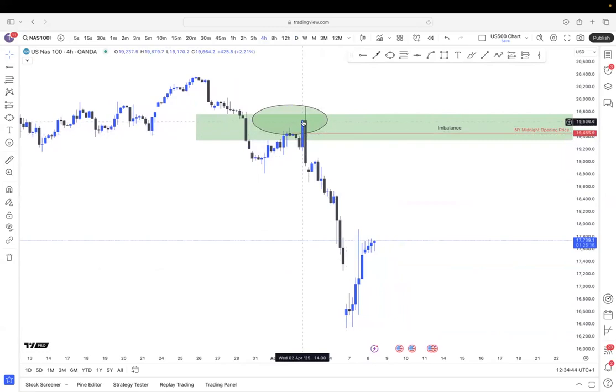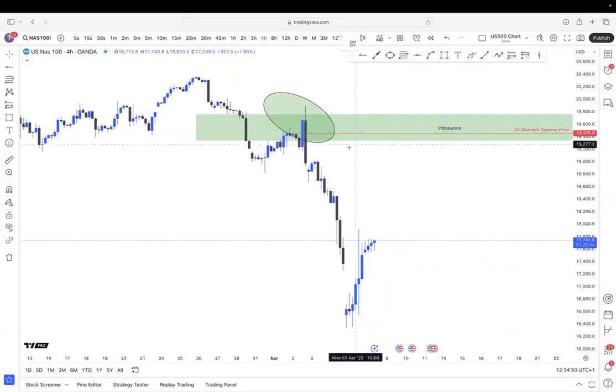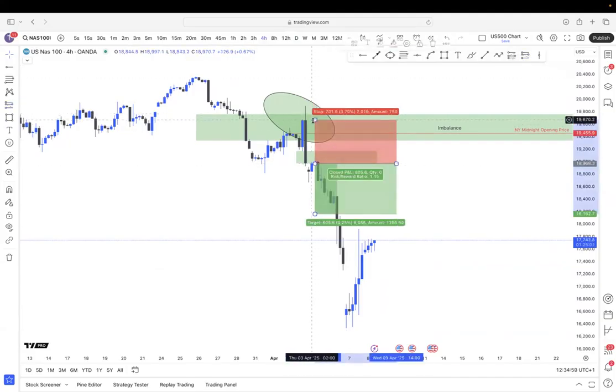And once price action came into this area, we created another area of inefficient price action right here. And you can see that in itself is an entry in the markets on a 4-hour time frame.